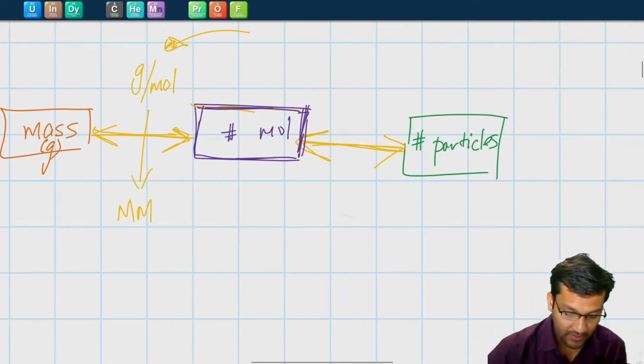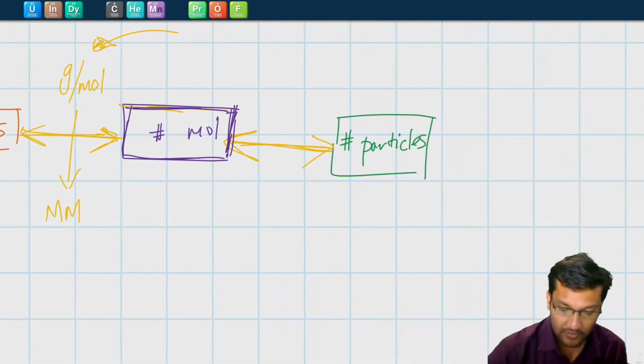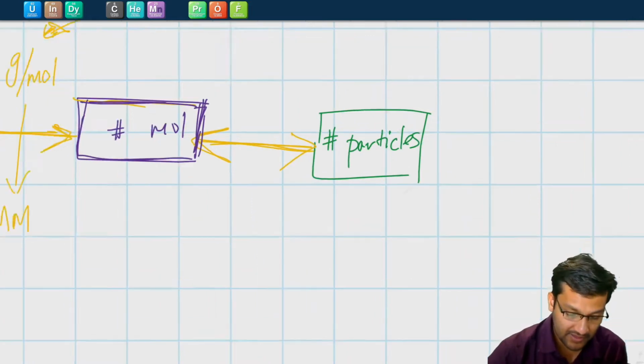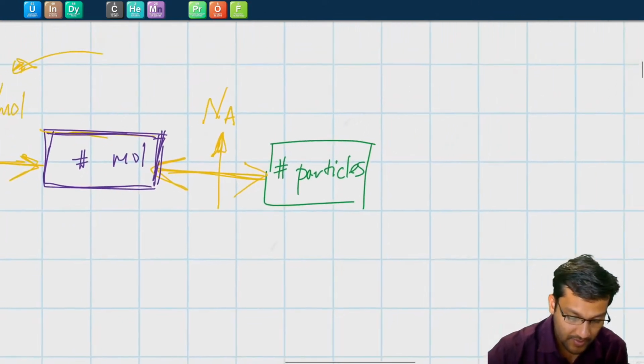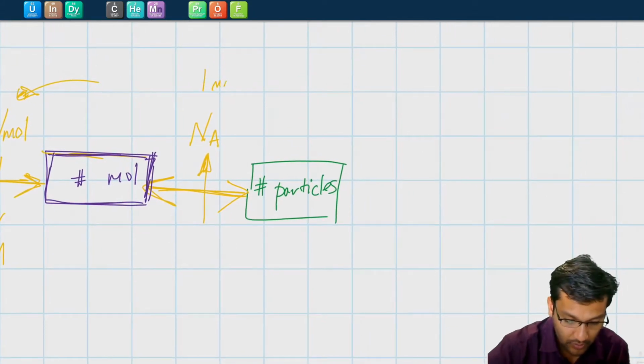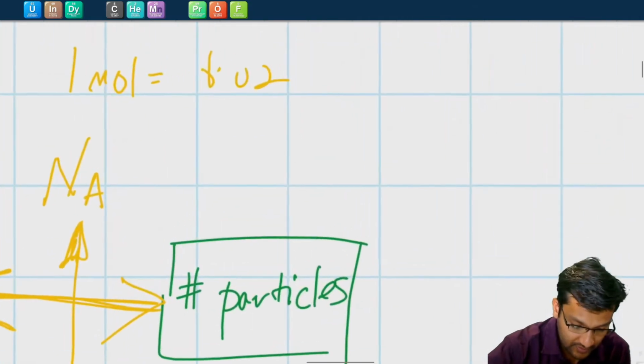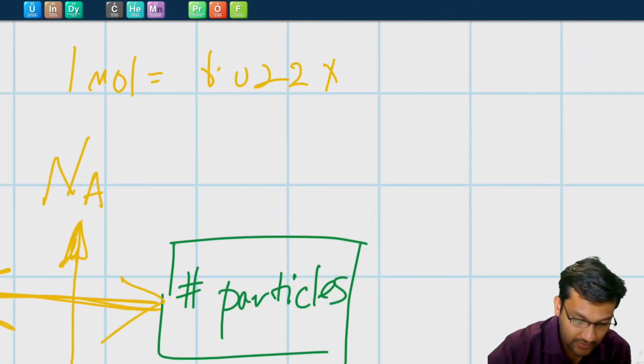To convert between number of moles and number of particles, we need to figure out how many particles are in 1 mole of substance, and that number is given by Avogadro's number, our symbol N_A. Remember, Avogadro's number states that 1 mole is equal to 6.022 by 10 to the 23rd particles.